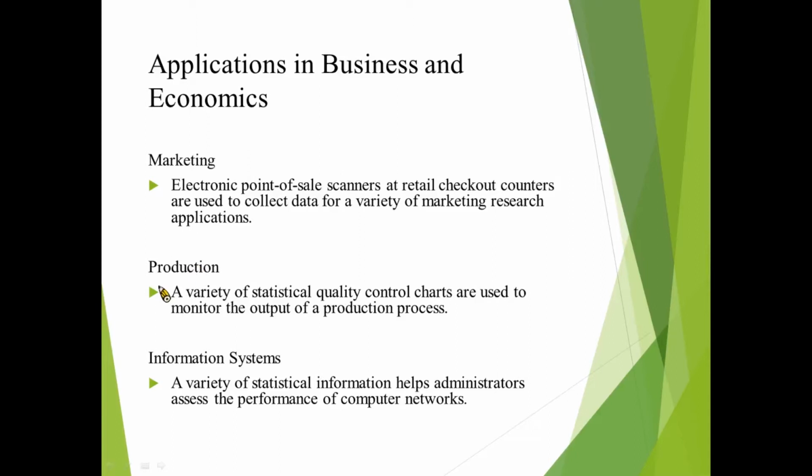The next one is production. A variety of statistical quality control charts are used to monitor the output of the production process. In a manufacturing company, maybe they can check the chart from some machine and see the quality of their product.